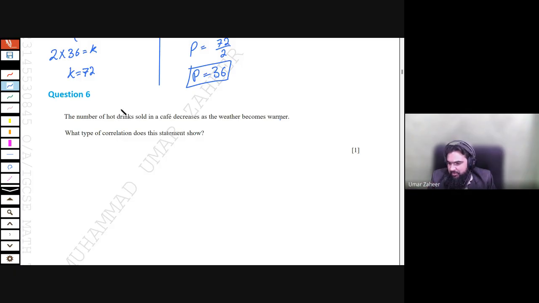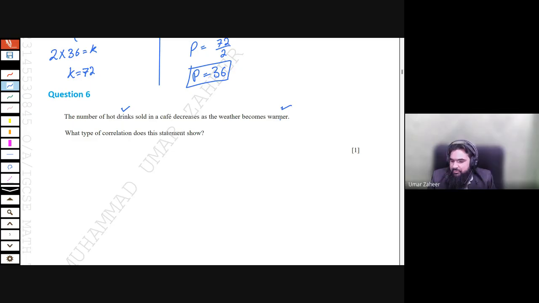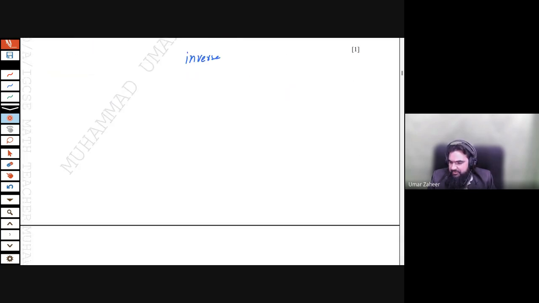As the weather becomes warm, the temperature is increasing and the number of hot coffees is decreasing, so it's the inverse one.